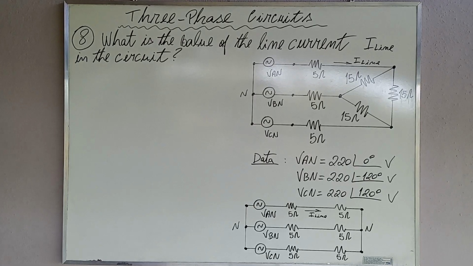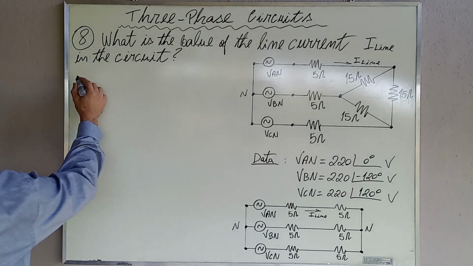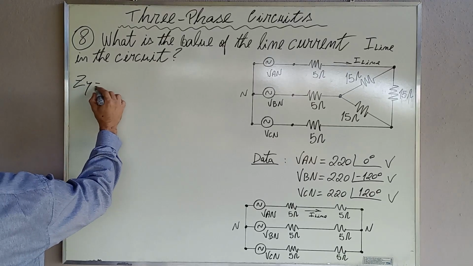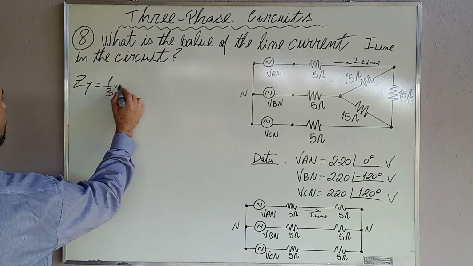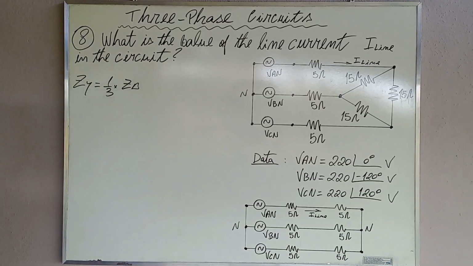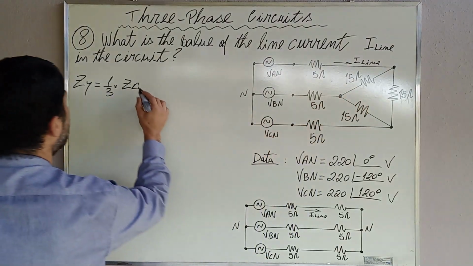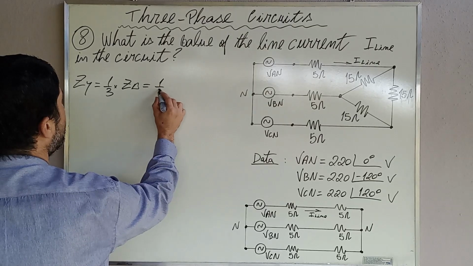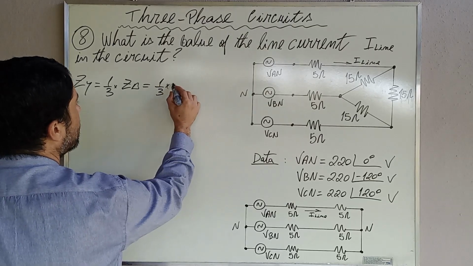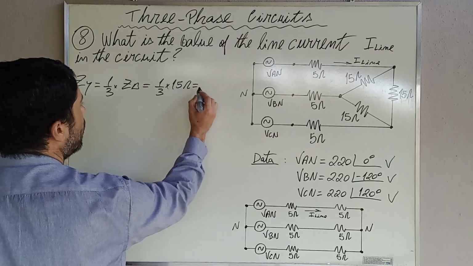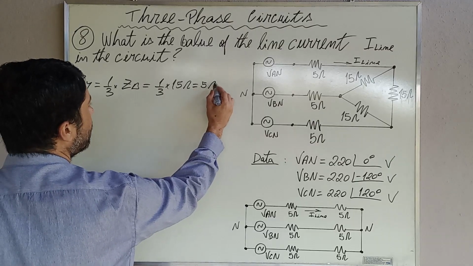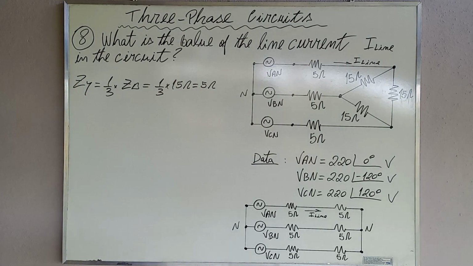As we previously discussed, the impedance of the Y connection is a third of the impedance of the delta connection. As the impedance of the delta connection is 15 ohms, the impedance of the Y connection will be a third of 15 ohms, which is equal to 5 ohms.